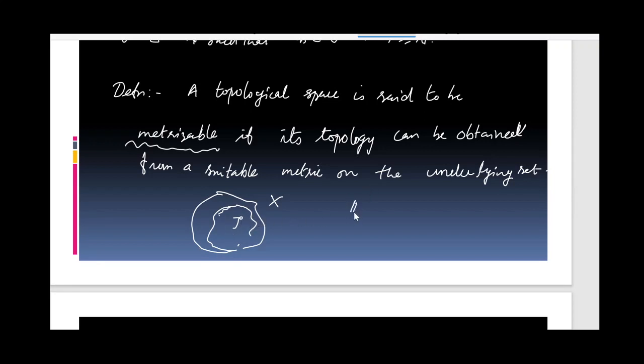If you are taking the real numbers R and you are defining your topology as the set of all (x minus epsilon, x plus epsilon), the meaning of this is the collection of all y such that d(x, y) is less than epsilon, right? So you will have these open sets. You are making use of the idea of a metric here. So we will say that such topologies are going to be metrizable.